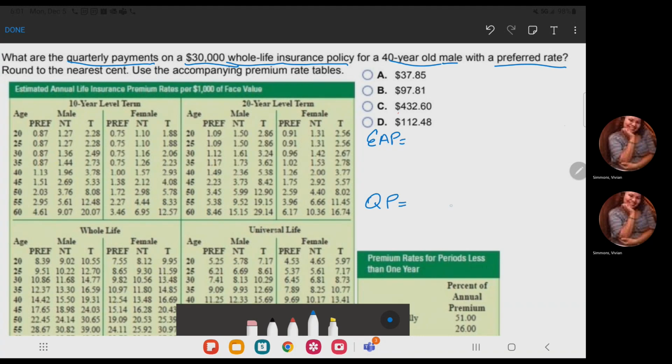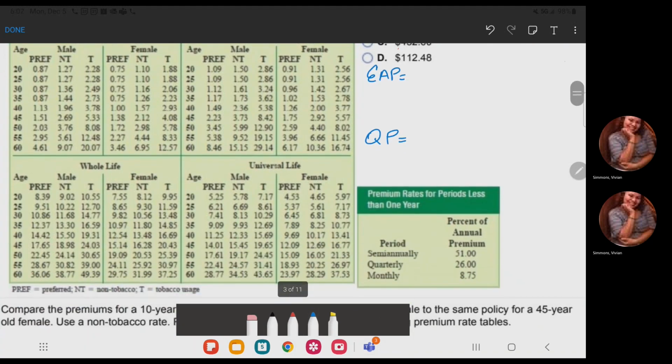And that one, based on my table, so I can scroll so you can look. On this table right here, the second table is what's going to give me the quarterly. I look at quarterly, that's 26%, which is 0.26 when you convert it. So then whatever I get here, I'm multiplying it by 0.26, but I can't do that yet, because that right there is the EAP, and I haven't found it yet.